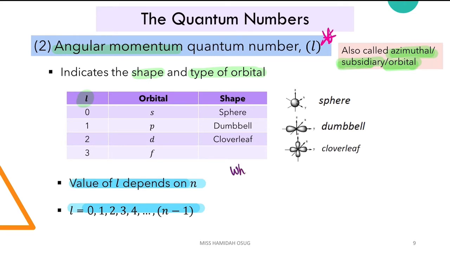Let's take a look at a few examples here. When n equals 1, the value of l will be 0. When n equals 2, the value of l would be 0 and 1.